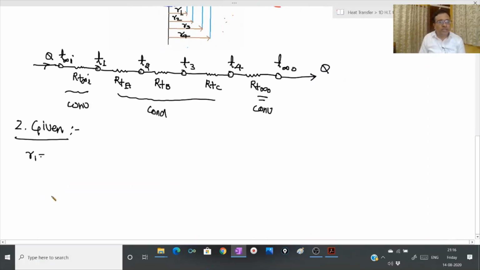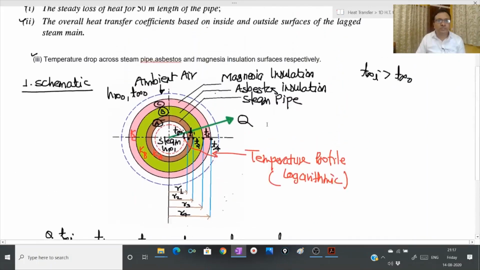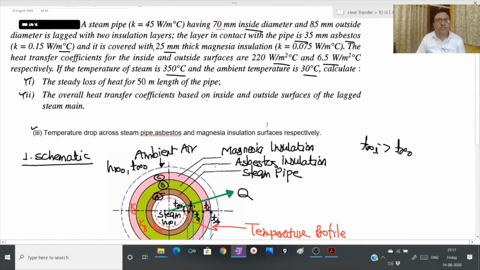So it is the inner diameter of the steam pipe given as 70 mm. I am interested in radius, so it will be 35 mm radius and 0.035 meter. Outer radius of the steam pipe is given as 85 mm.